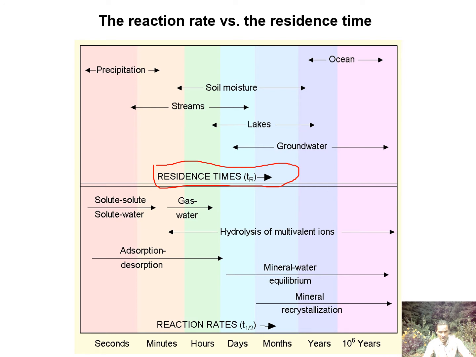And then here we have half-lives or reaction times. And this is for different processes like adsorption, desorption, or crystallization, things like that. And we're on different time scales of seconds, hours, to years, those sorts of things.